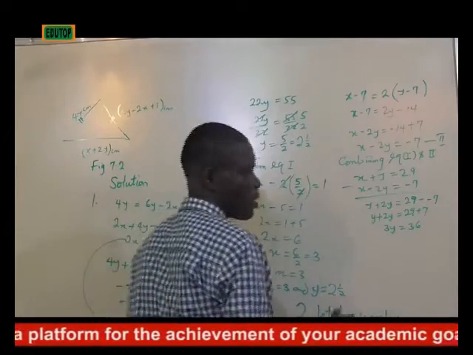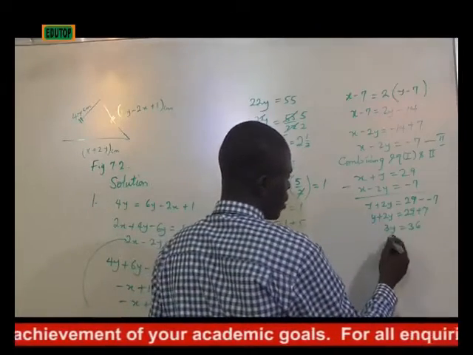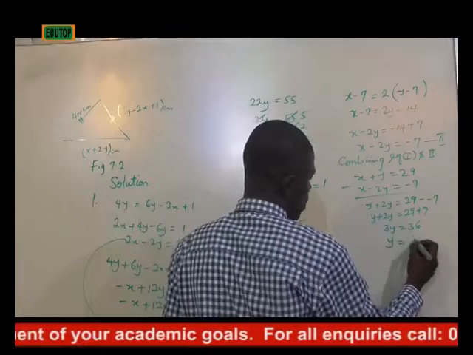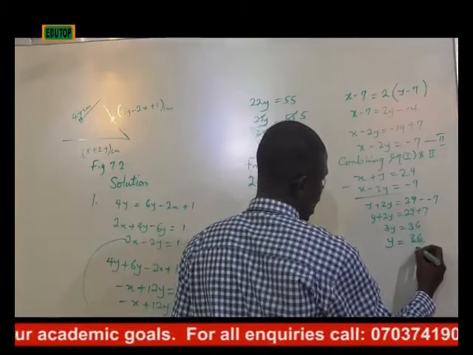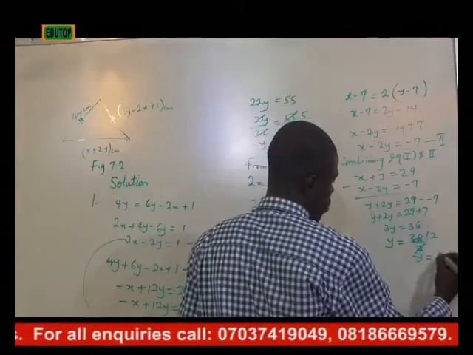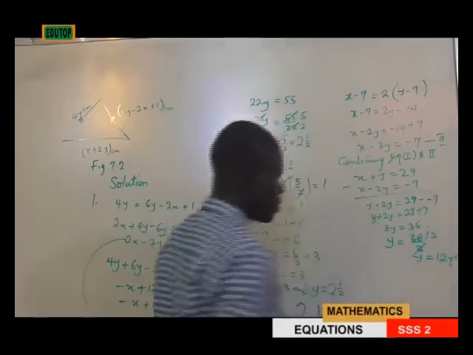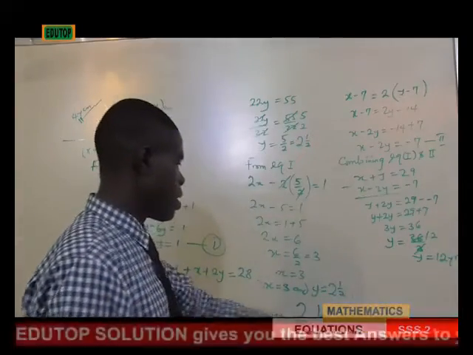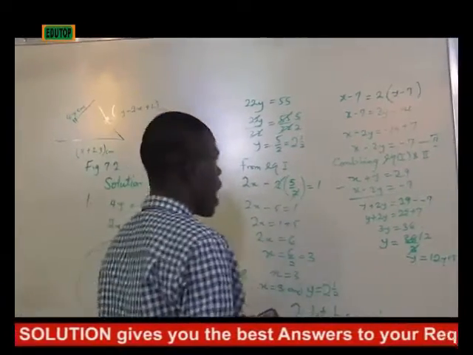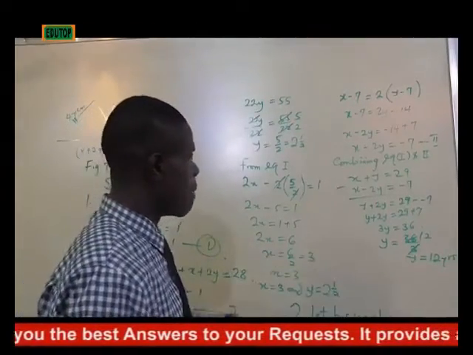And the right side becomes 36. Since our interest is to get our Y, we divide both sides by 3. We have Y equals 36 divided by 3, and that gives 12. So automatically our Y equals 12 years. So that is Phoebe. Phoebe is 12 years. And what is the relationship between Phoebe and BC?